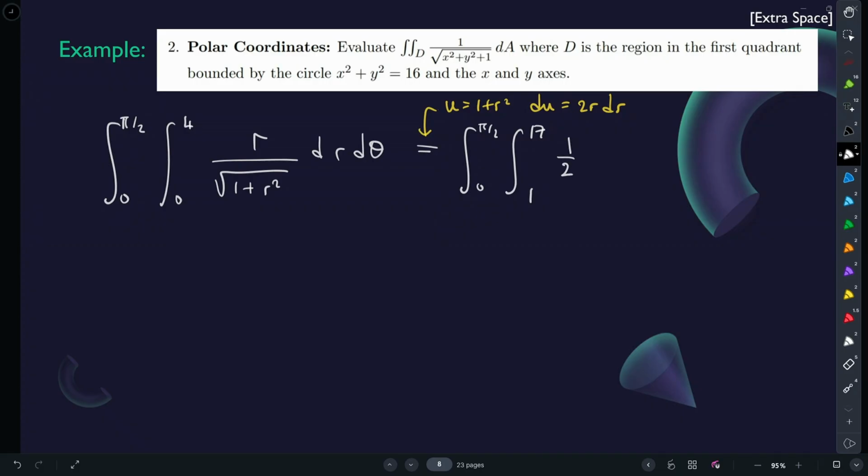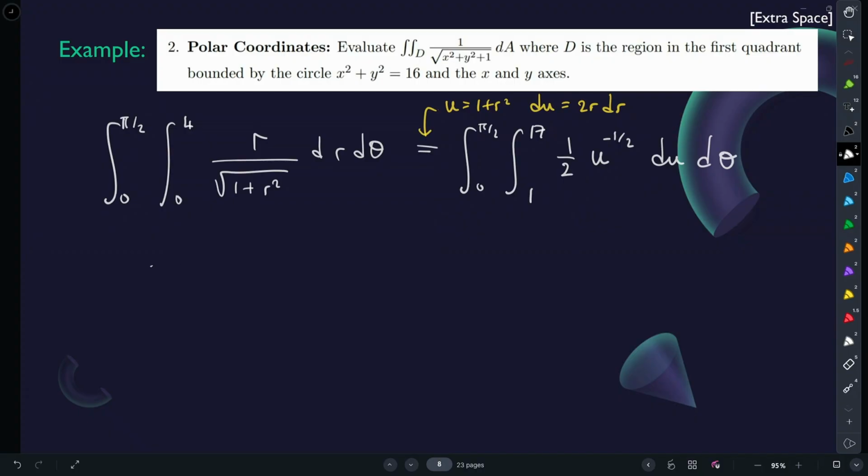1/2 du, or du divided by 2, is r dr. So I get a half times u to the minus 1/2 du d theta. This substitution changed the r, not the theta.